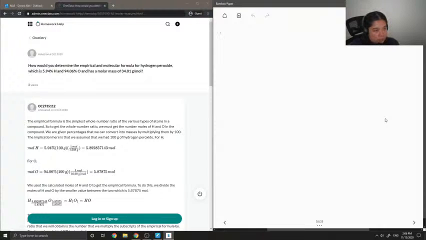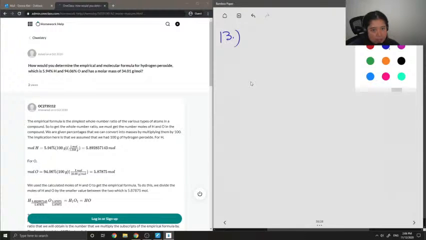Okay, so now let's move on to question number 13. How would you determine the empirical and molecular formula for hydrogen peroxide, which is 5.94% hydrogen and 94.06% oxygen, and it also has a molar mass of 34.01 grams per mole?